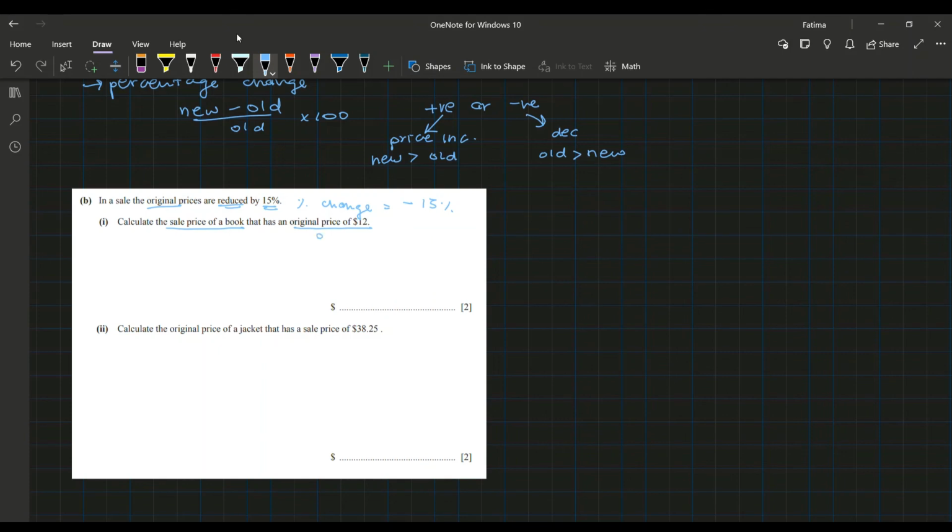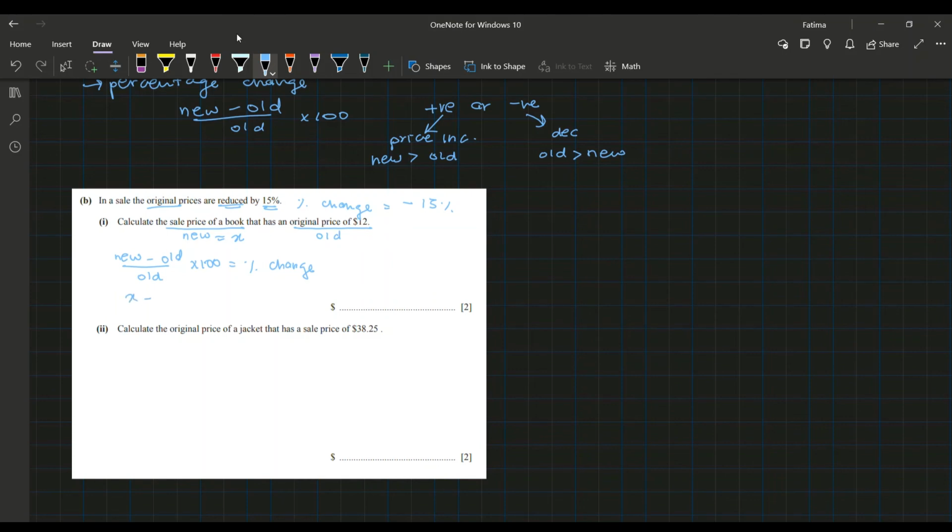So the original price is our old price. And we need to calculate our sale price, which is our new price. So using the formula new minus old upon old into 100 to give me the percentage change, I will take our new price as x, as that is what we need to calculate.